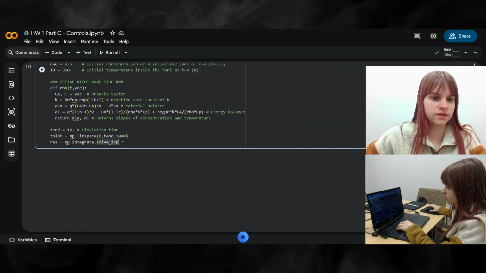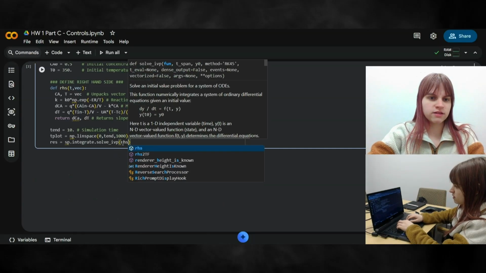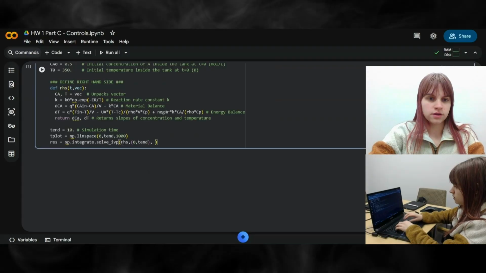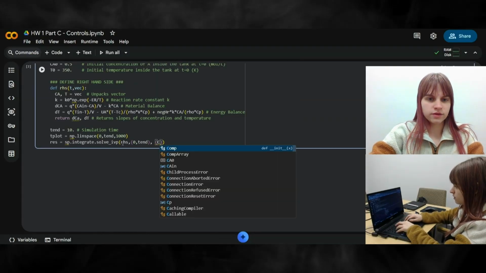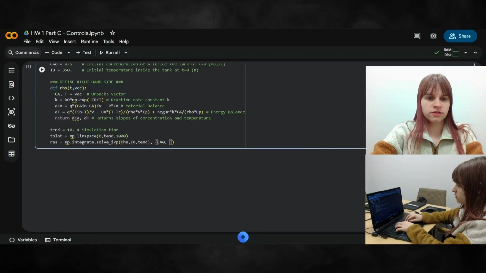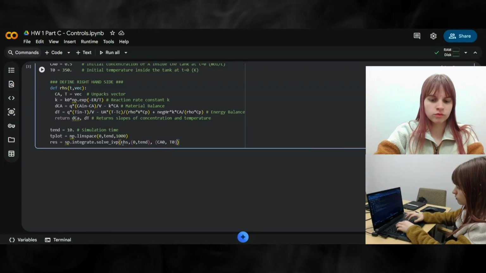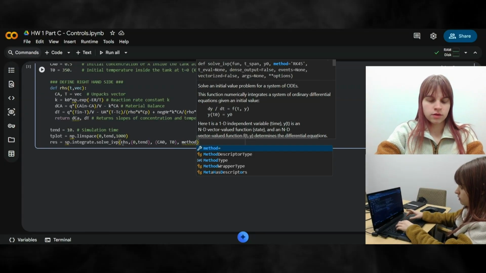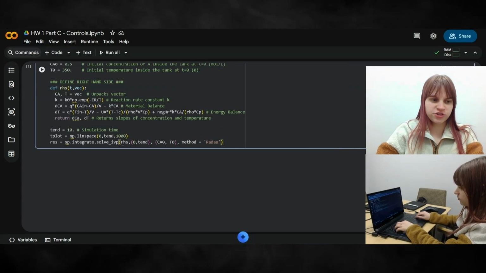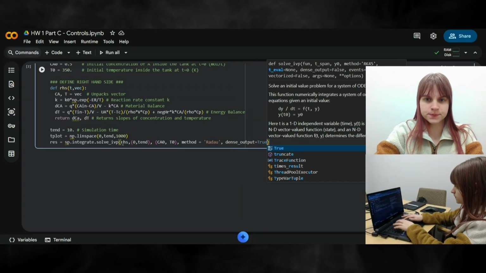But it does the same thing that our solve IVP did in parts A and B. Right-hand side, from 0 until t end, our initial givens are CA naught and T naught. As always, this is our method, making sure I spell that correctly. Dense output equals true.